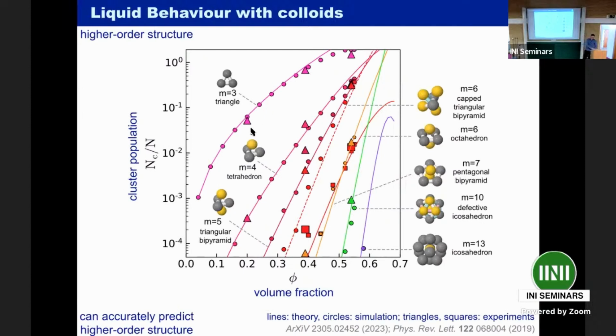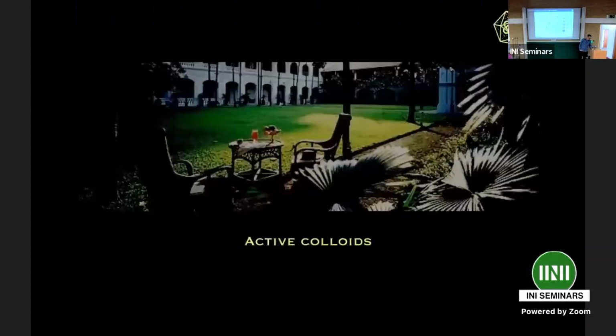We can predict these higher order, or rather complex, structures up to 13 particles in this. These higher order structures are important in certain phenomena like the glass transition and crystallization, and this is the kind of thing we can only access by taking real space measurements.